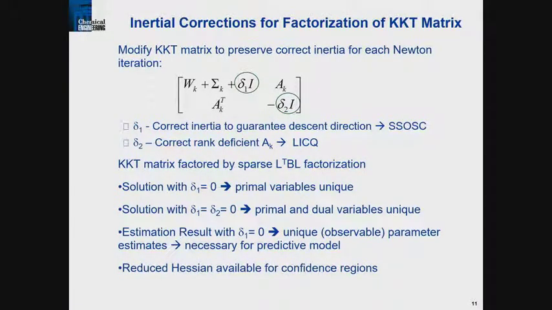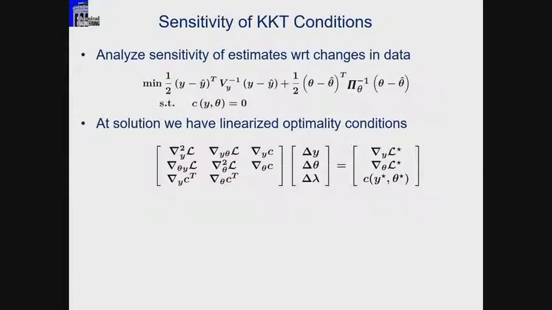And then finally, if you take the sensitivity of this solution, and there's a quick way to calculate that, then you can get a reduced Hessian very quickly that will be used for confidence regions. So this is what we show. Here, take a look at the top problem. What we've got is our data, y hat. Our parameters are theta.